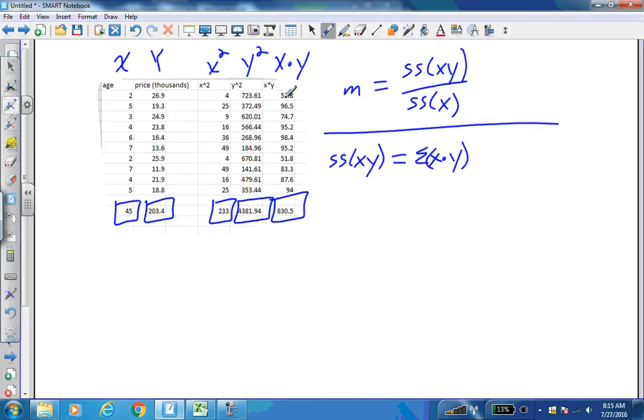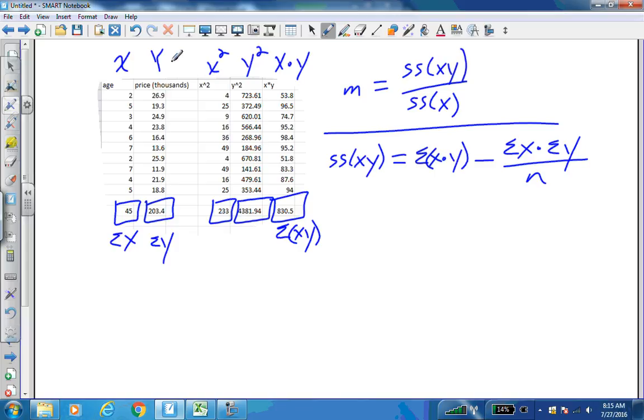This is the column from doing each x times its corresponding y, and this is that sum. We're going to subtract the sum of the x's times the sum of the y's, over the number of data points.